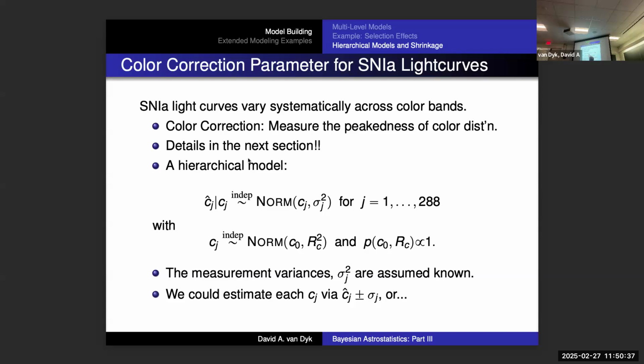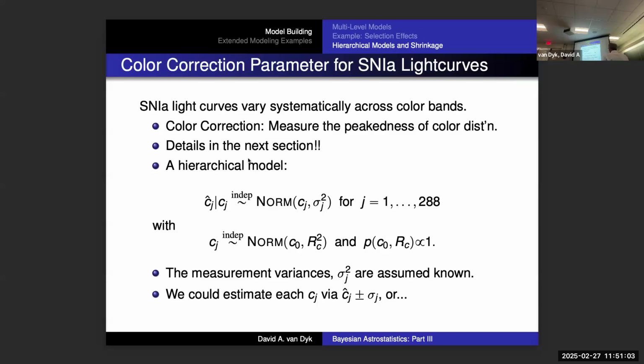It has a true color correction for that supernova, and these supernovas have a distribution. So this is a hierarchical model. The true color correction follows a normal distribution that has some mean and some variance. In this setting, the only two parameters are the mean and the variance of the population-level color correction.